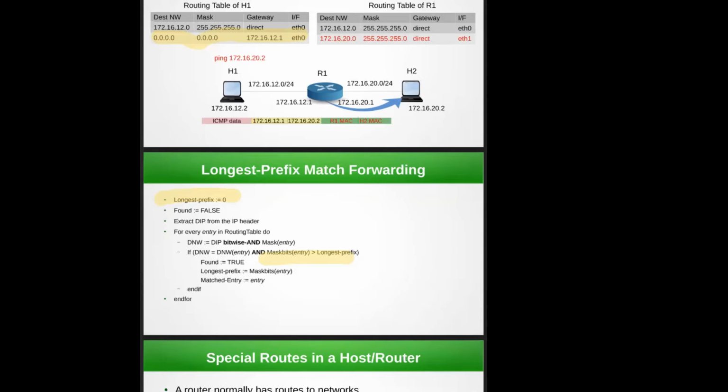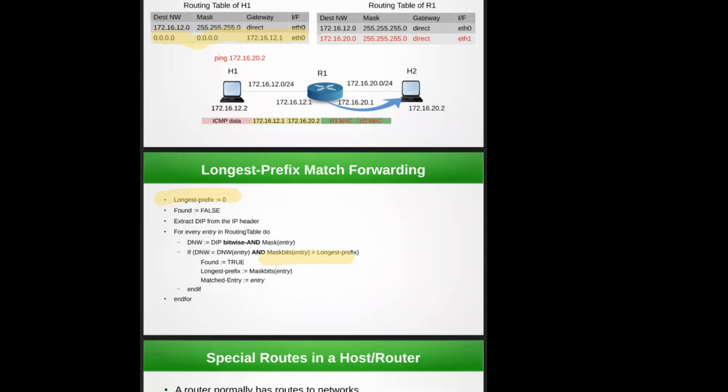So always match the entry with the maximum number of bits in the subnet mask. That's the actual algorithm of the forwarding. That is what is called the longest prefix match. Everything else remains the same. Longest prefix initially is set to 0.